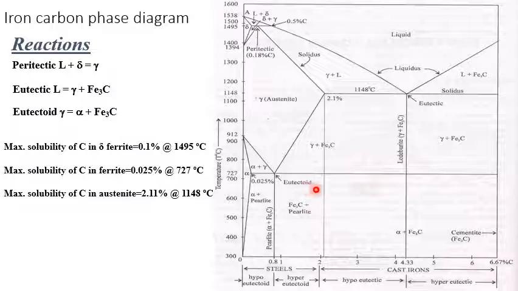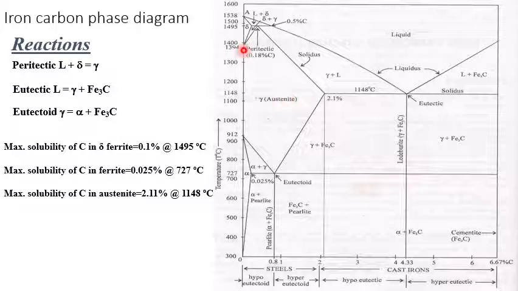So as we discussed in the previous slides, the peritectic is the one where liquid plus delta ferrite will give rise to the austenite, and as the temperature drops down, this solid austenite will dissociate into alpha plus Fe3C, that is the eutectoid reaction. And here liquid giving rise to gamma plus Fe3C is the eutectic reaction.